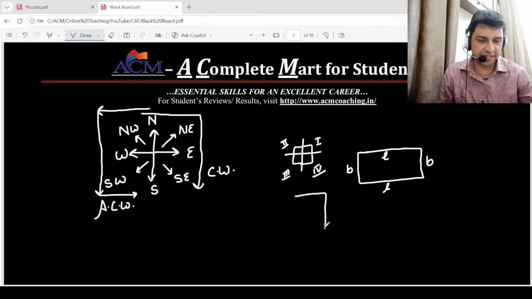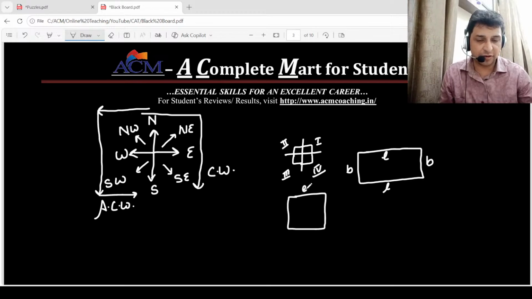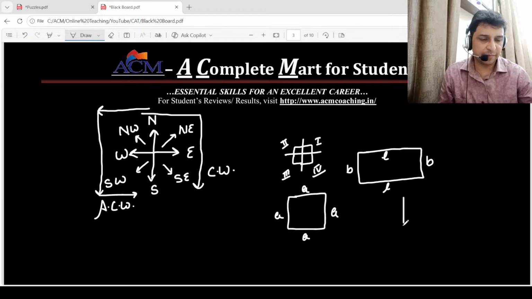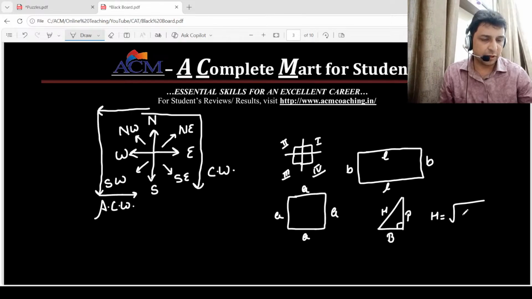We also know there's a square, which gets used in this kind of question, where all 4 sides are equal. We know there's a right angle triangle, perpendicular, hypotenuse, base, and Pythagoras said that hypotenuse square is equal to perpendicular square plus base square.